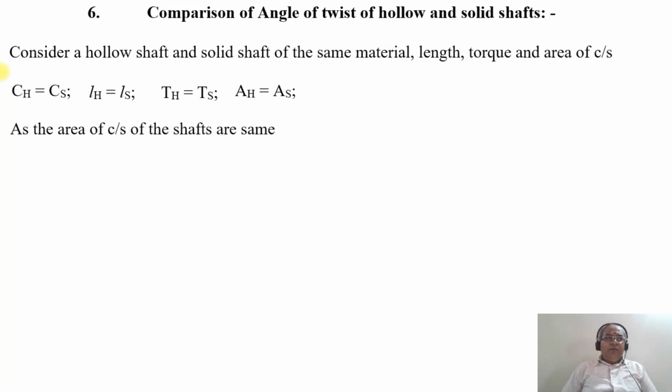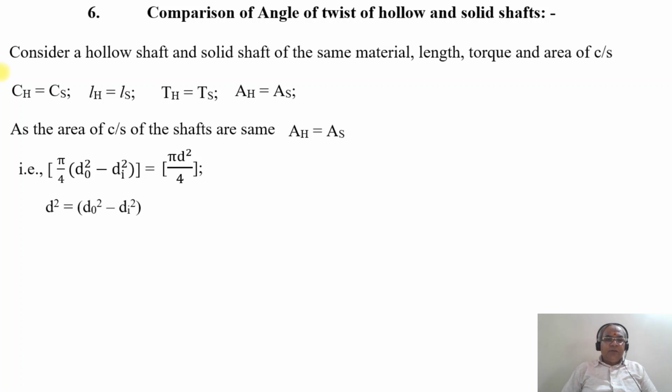As we say, the areas of cross section of the shafts are the same, therefore capital AH will be equal to AS. So the area of cross section of the hollow shaft, which is pi by 4 into d naught square minus di square, will be equal to pi d square by 4. So pi by 4 gets cancelled, therefore d square will be equal to d naught square minus di square.